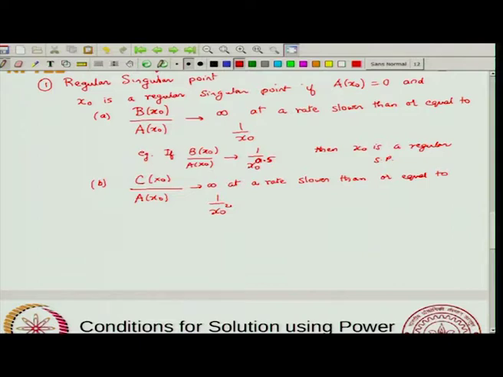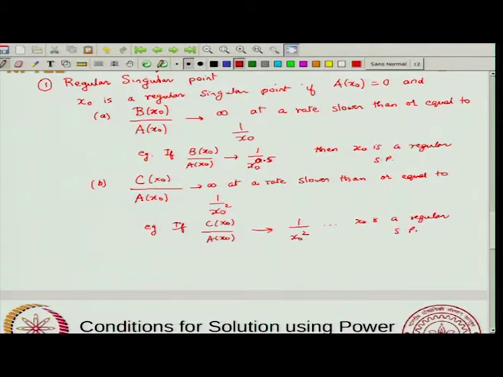For example, if c of x0 divided by a of x0 goes as 1 by x0 square, then x0 is a regular singular point.